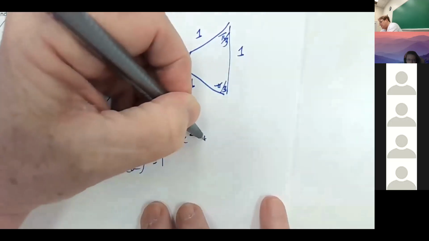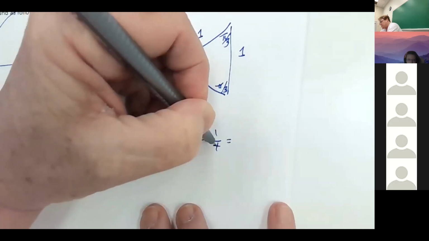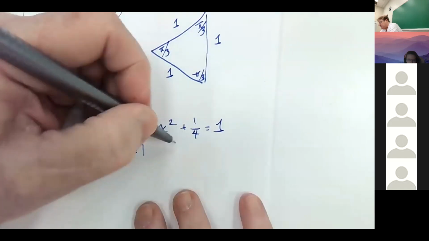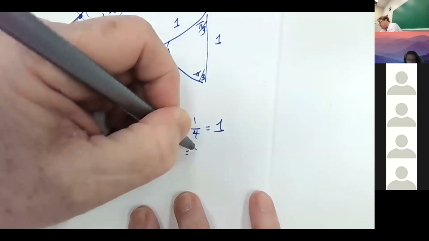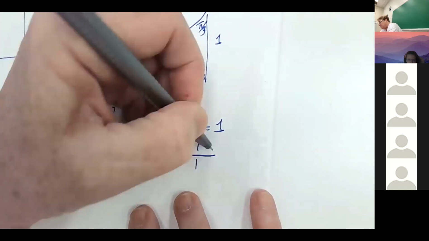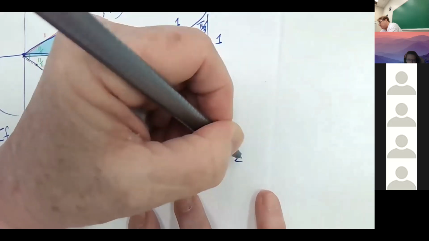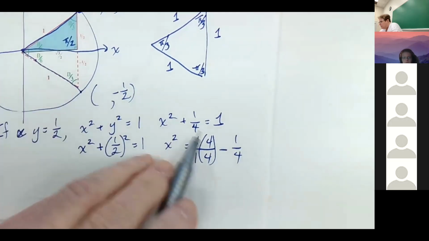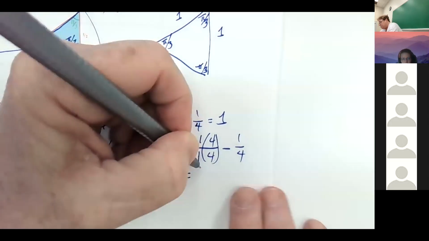X squared plus 1/4 is equal to 1. We're going to subtract 1/4 from both sides. So I've got to get a common denominator. 4 minus 1 is 3.